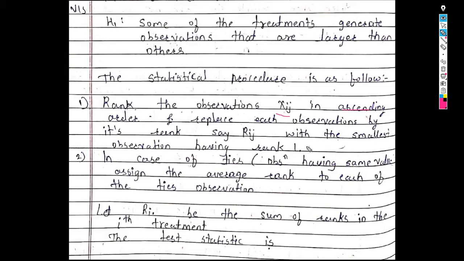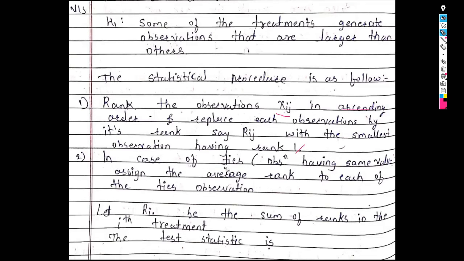So we arrange our observations in ascending order and then we rank them. The rank for the smallest observation is 1.